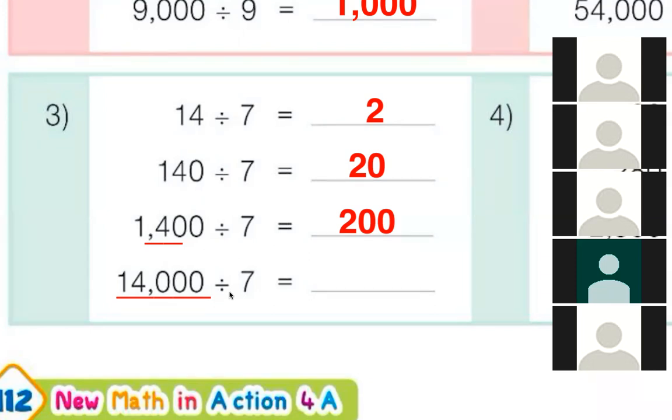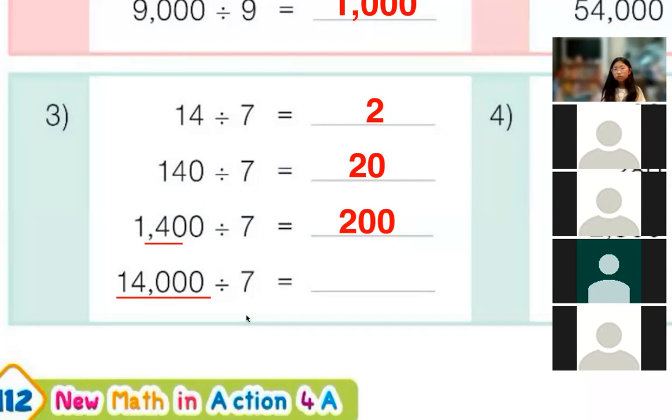Tete, are you here? Please read the number sentence. 14,000 divided by 7. Repeat. Divided by 7, not by. Divided by 7. Good. Can you read it again, Tete?